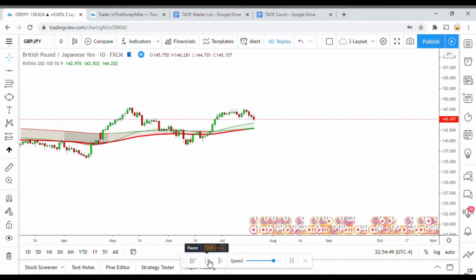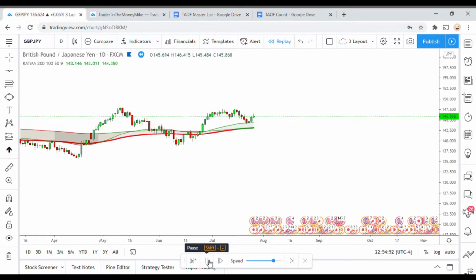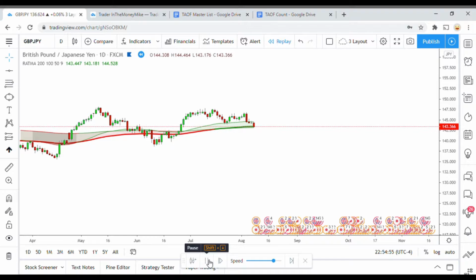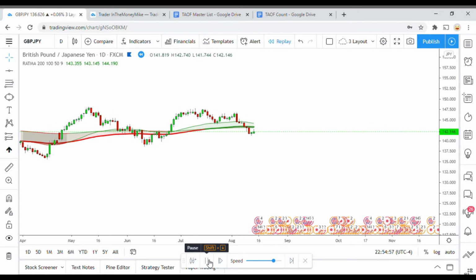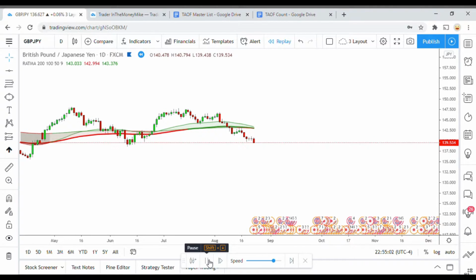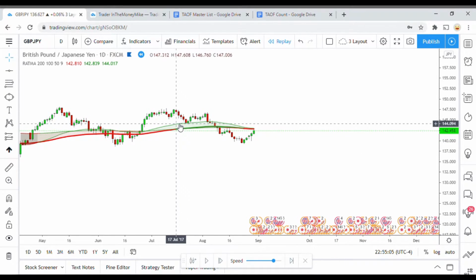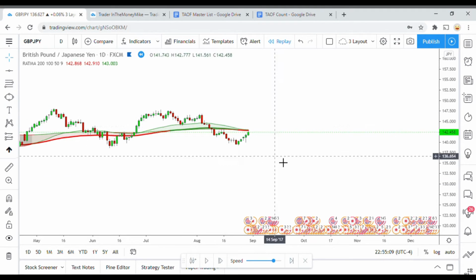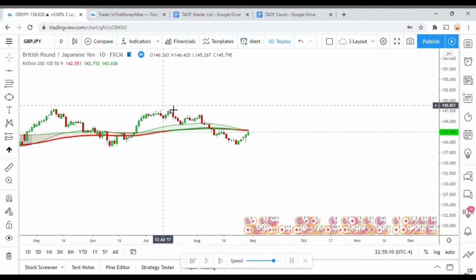All right, let's follow it out a little bit here. And now it's kind of gotten into the indecision phase here, where it's just kind of peeking around. Not sure why it keeps getting so choppy. Choppy as in the replay function, not choppy as in the market itself.